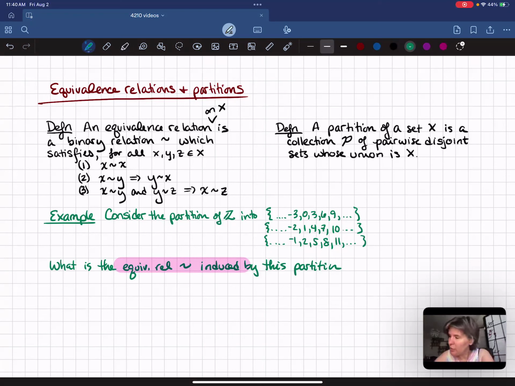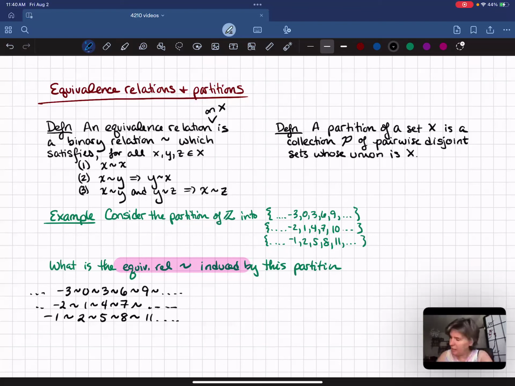So I'll define my equivalence relation to say -3 is equivalent to 0, which is equivalent to 3, which is equivalent to 6, which is equivalent to 9, and so on. And then -2 is equivalent to 1, which is equivalent to 4, which is equivalent to 7, and so on. And then -1 is equivalent to 2, which is equivalent to 5, which is equivalent to 8, and so on.